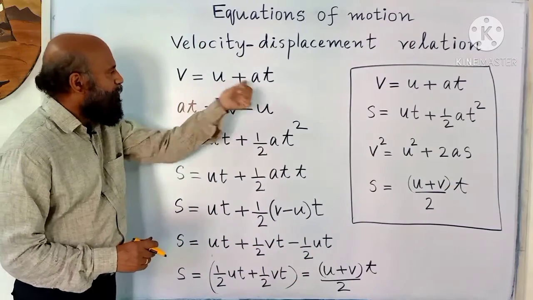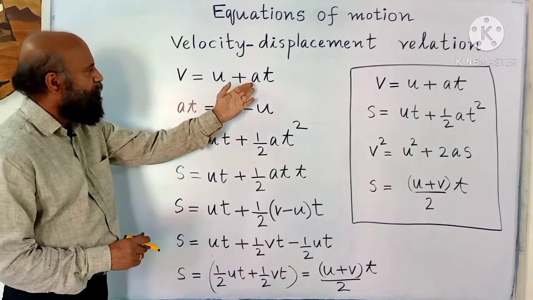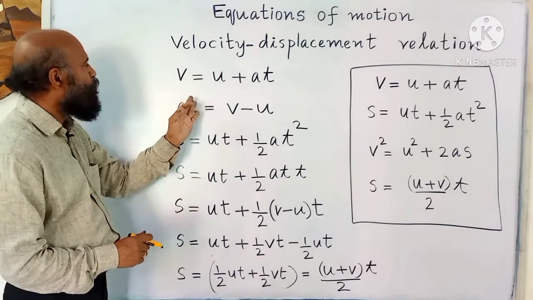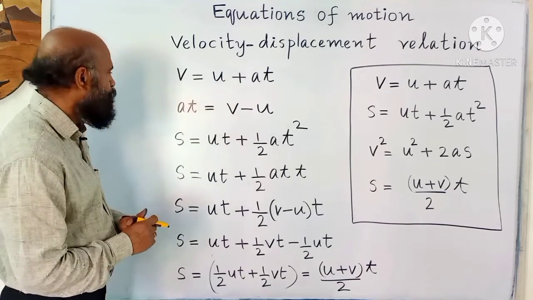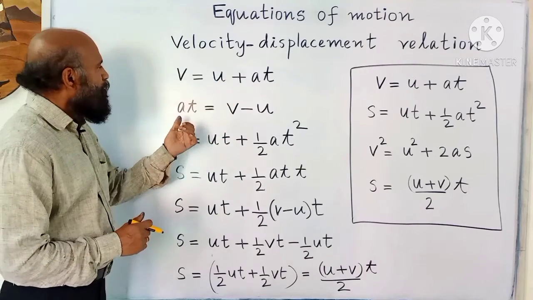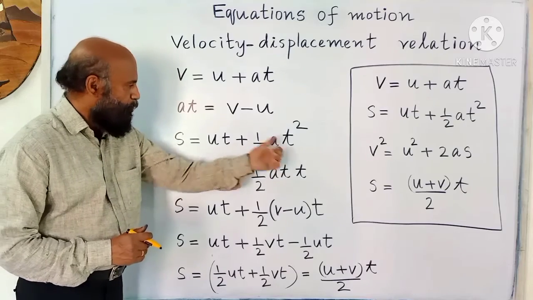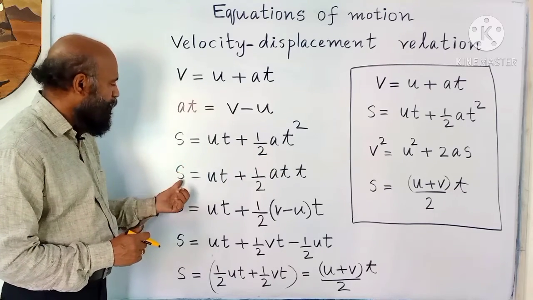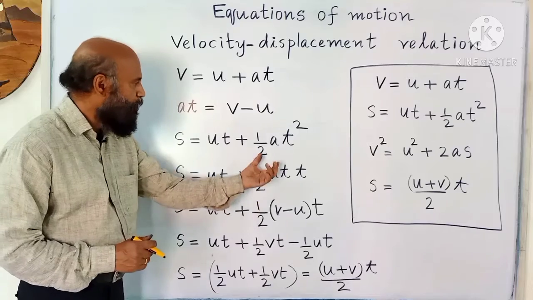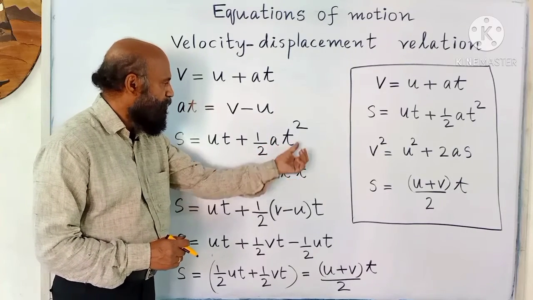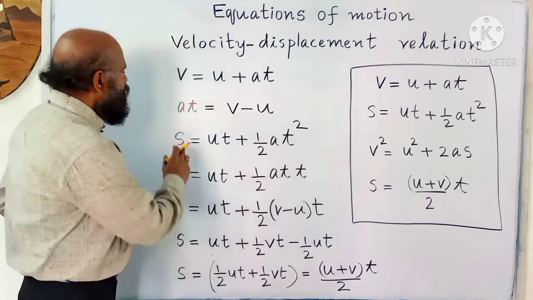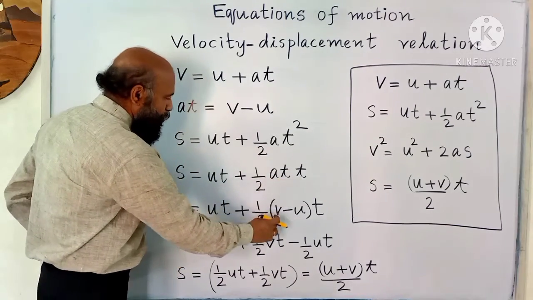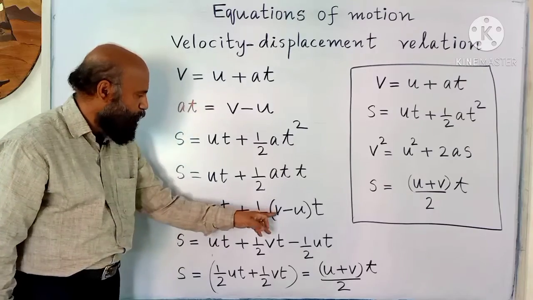v is equal to u plus at. So after rearranging, you can get at is equal to v minus u. Then s is equal to ut plus half at square. Then that can be written as s is equal to ut plus half at then t square. So you write separately t, at, then t. So for this at we can write v minus u.